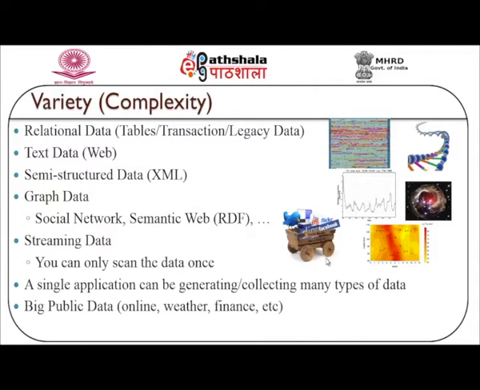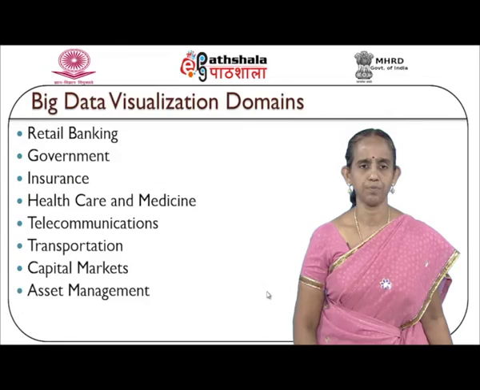It can be some kind of streaming data where you can only scan the data once, and a single application can be generating or collecting many types of data, or else it can be from some big public domain like online, weather, finance, etc. So these are the variety of data that we get in everyday life.